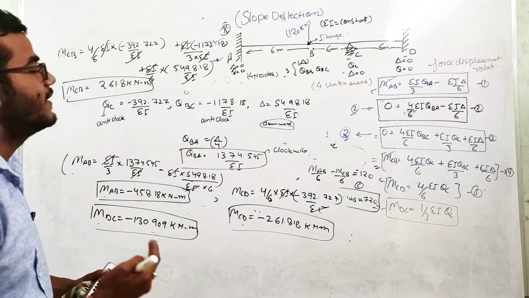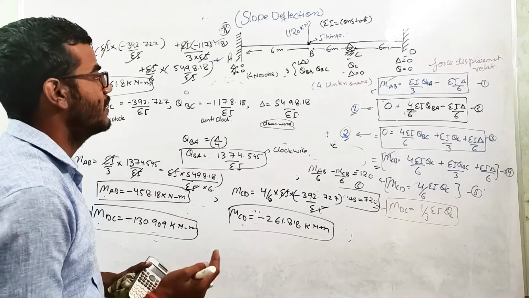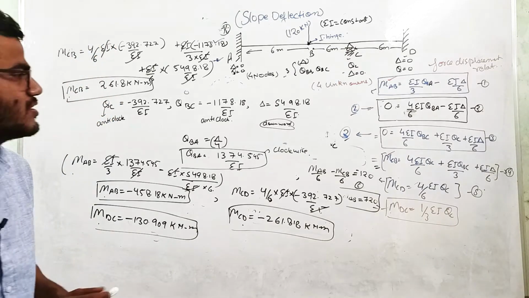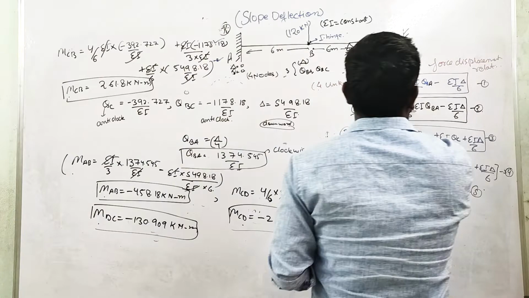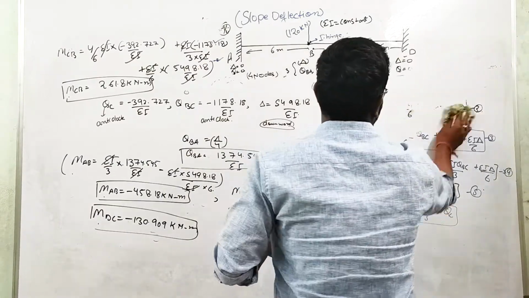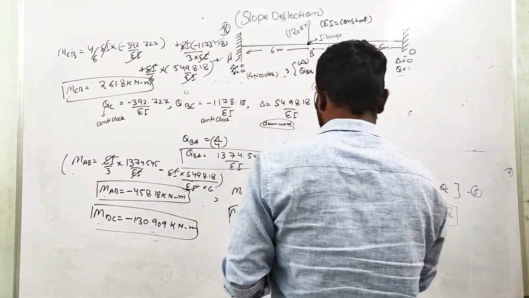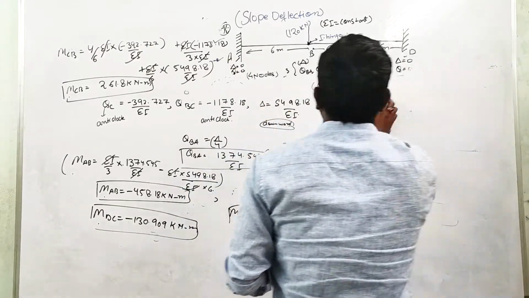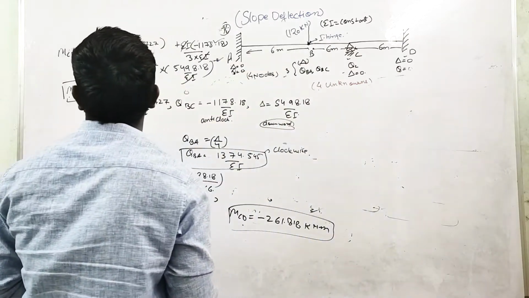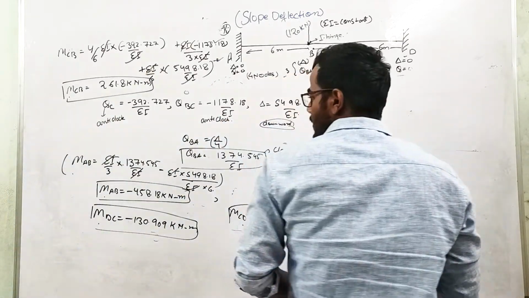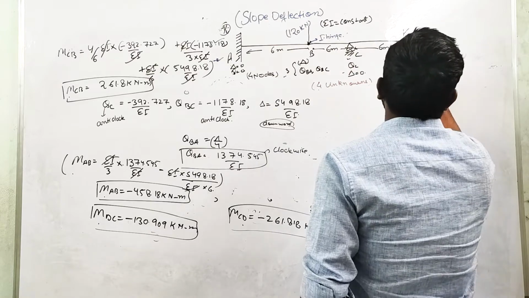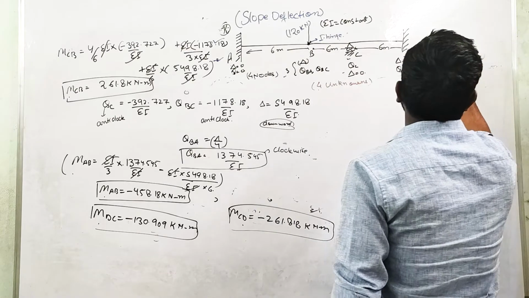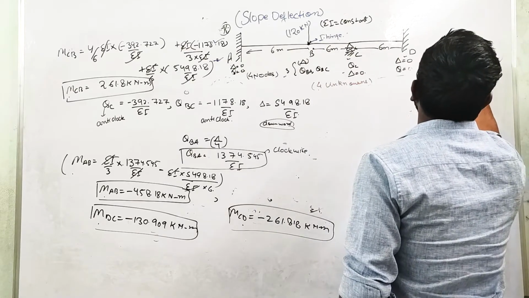Now let us find the shear force and bending moment diagram for this beam. So let us rearrange these things and write them in a proper manner. MAB value is minus 458.18, right?